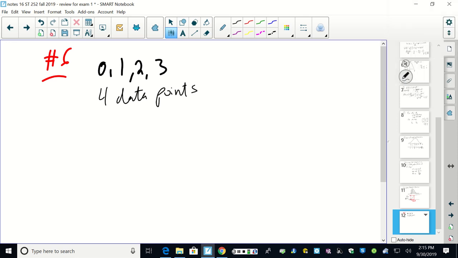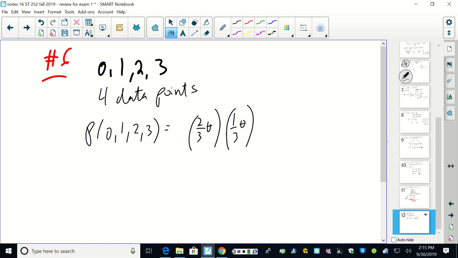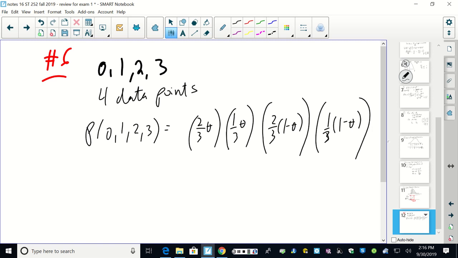the probability of having a 0, a 1, a 2, and a 3 would be 2/3 theta for the first one, 1/3 theta for the second one, the third value of 2 had a probability of 2/3 (1 minus theta), and then 1/3 (1 minus theta). Right?